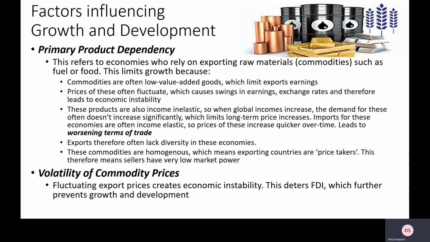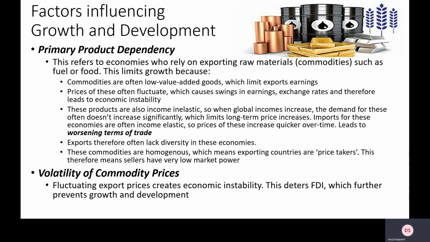Now, another problem is that these products are what we call income inelastic. So when global GDP increases, you tend to find that these prices do not grow in line with global inflation and GDP. But the things these countries import, which are more luxury goods, which could be technology and capital, those prices tend to grow quickly over time.